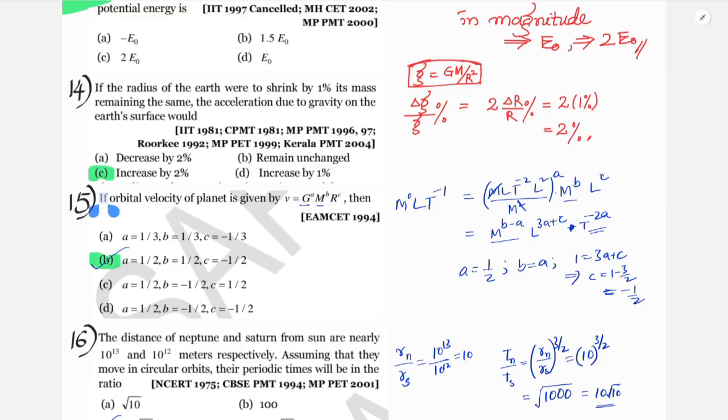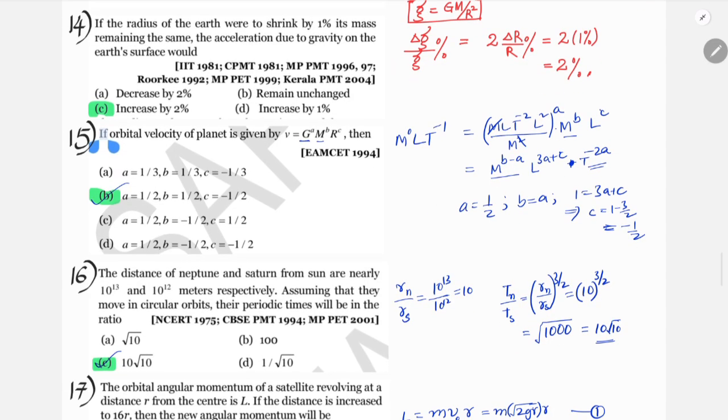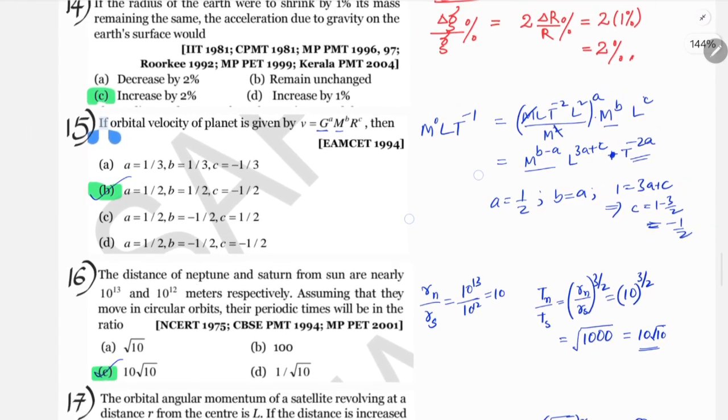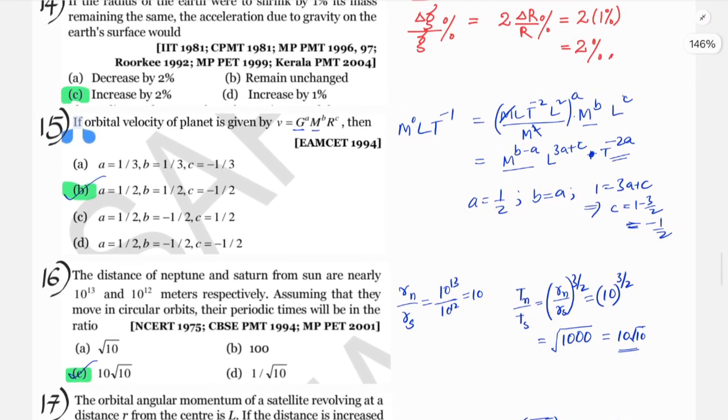Now 2 times 1% equal to 2%. Does it increase or decrease? The g value will increase. Remember that. Why? Because it is inversely proportional. If the radius decreases, the numerator remains constant, the denominator decreases, so certainly g will increase. That is important.